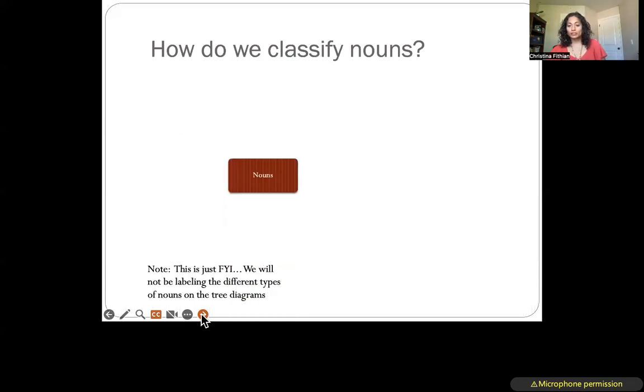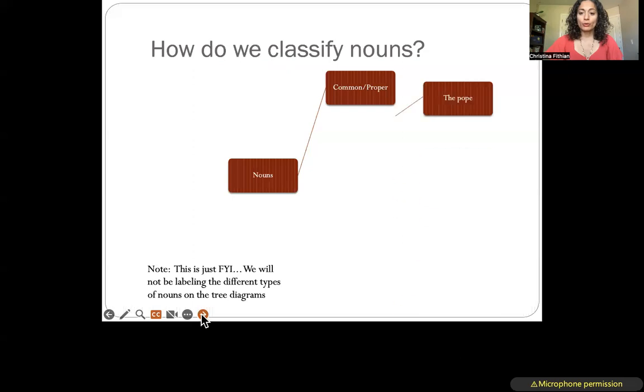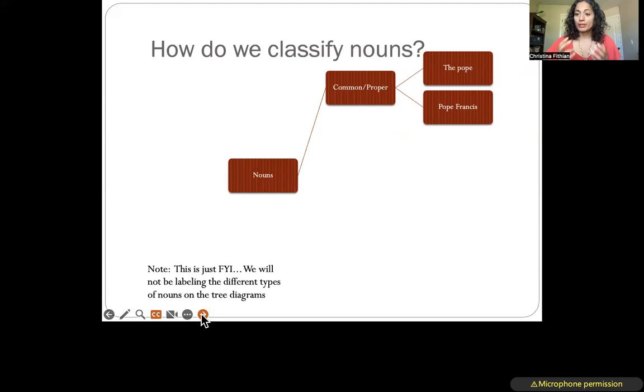Okay, so let's talk a little bit about how we classify nouns. So remember that noun distinction, the most important one that we're going to use is the distinction between a common noun and a proper noun. So, for example, if I'm talking about the Pope, in general, any Pope, then this instance is going to be an example of a common noun.